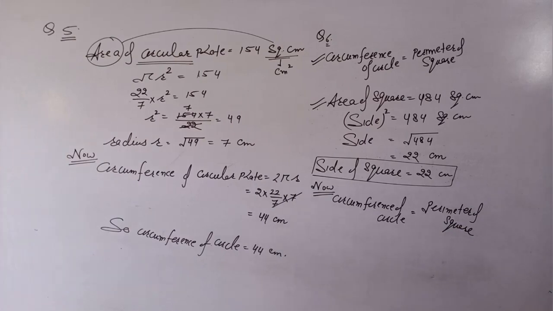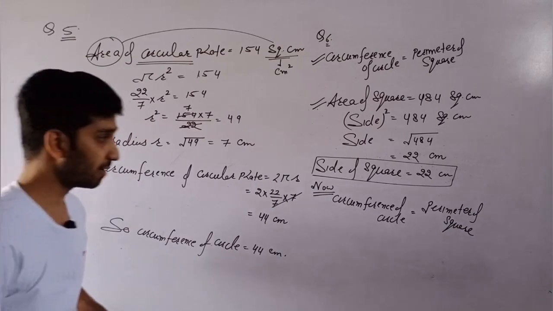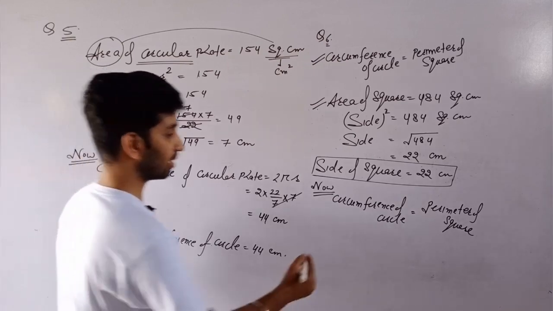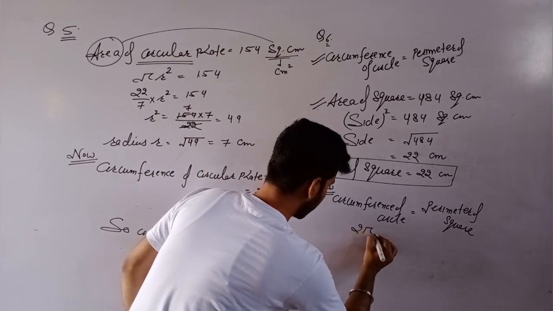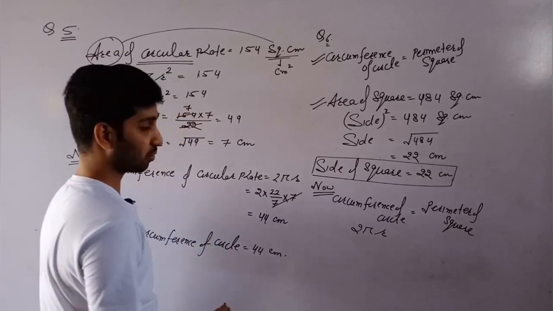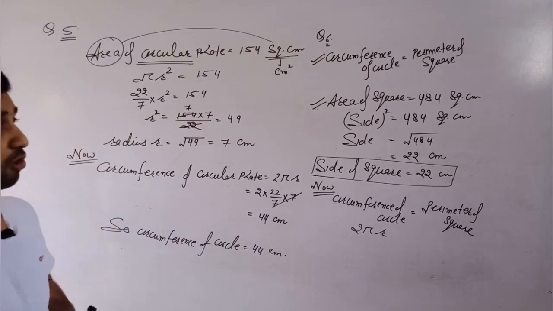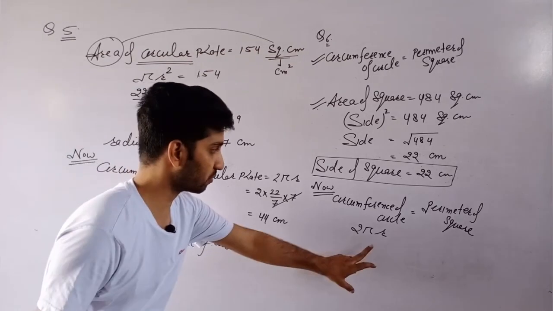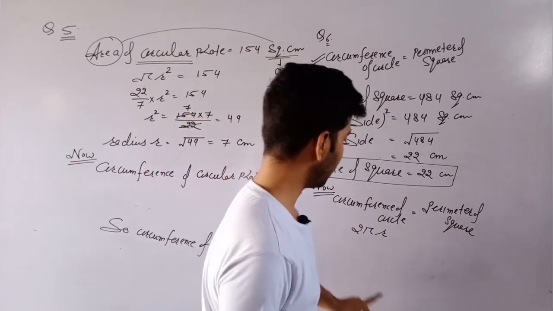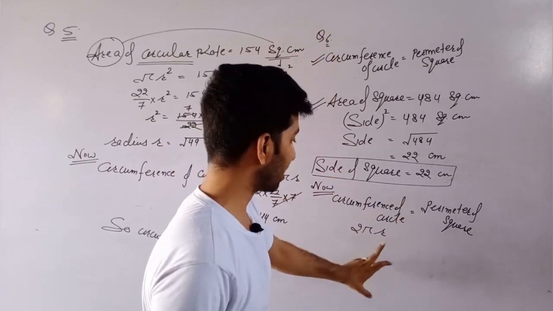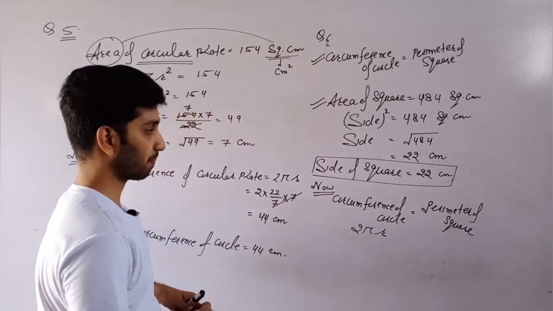Circumference of circle is perimeter of square, and we know that circumference of circle is given by the formula 2 pi r. 2 is fixed, pi is 22/7, and r is the radius of circle. And in this question the radius of circle is not given, so by using this relation we will find the radius of circle.